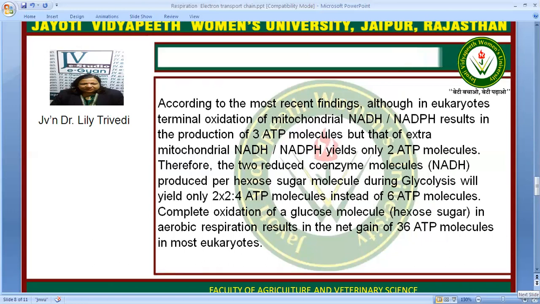So the 2 reduced coenzymes produced per hexose sugar molecule during glycolysis will yield only 2 into 2, 4 ATP instead of 6 ATP molecules. So complete oxidation of glucose in aerobic respiration results in a net gain of 36 ATP molecules in most eukaryotes. So this is a recent finding. Previously we were saying 38, and according to this there is 36.